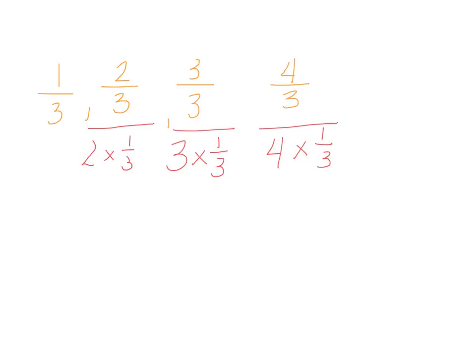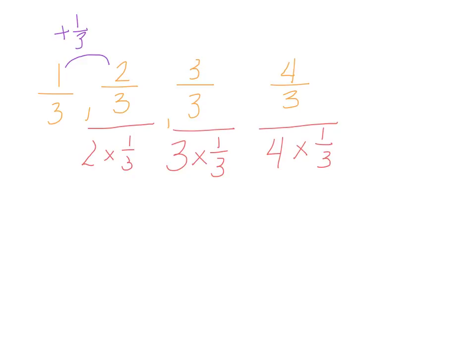Now, if you look back at our list of multiples here, we have 1/3, 2/3, 3/3, 4/3. All I'm doing is skip counting by 1/3, or adding 1/3 over and over again. So if I start at 1/3 and I want to find the second multiple, I would just add 1/3 plus 1/3, and it would give me 2/3.